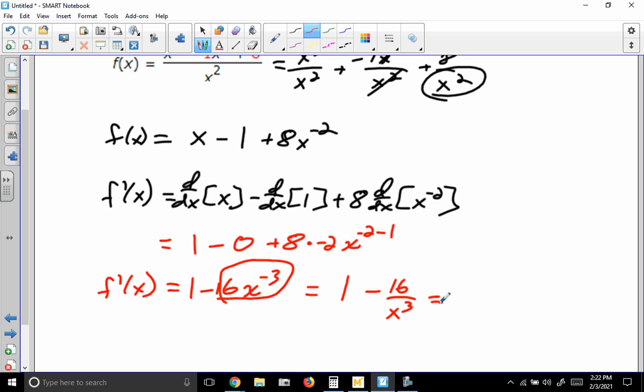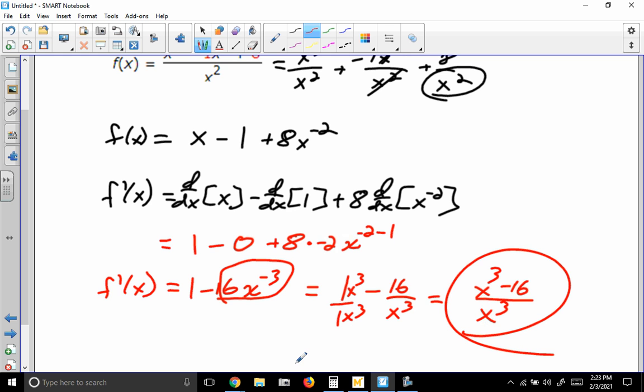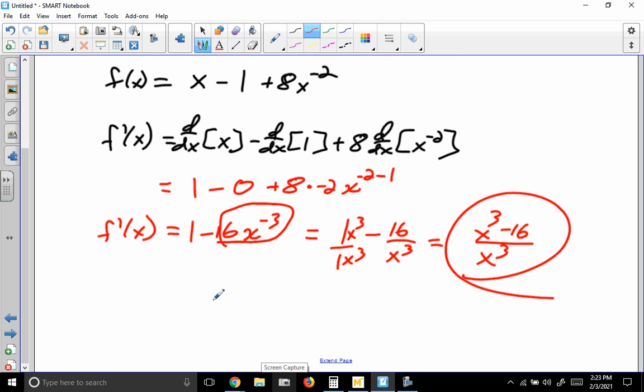Or if we got a common denominator, we could turn that into x cubed over x cubed. So x cubed on bottom, x cubed minus 16 on top. So it would be okay to leave it as 1 minus 16 x to the negative 3, or move that exponent down. But that last way would be a good way to write that.